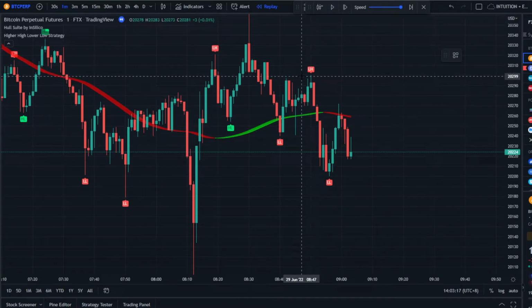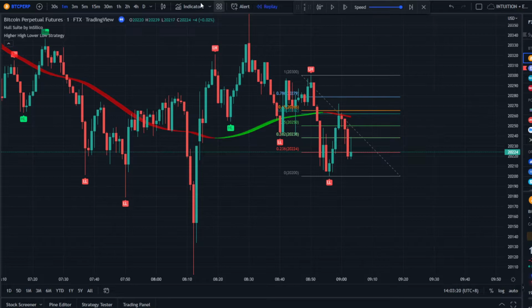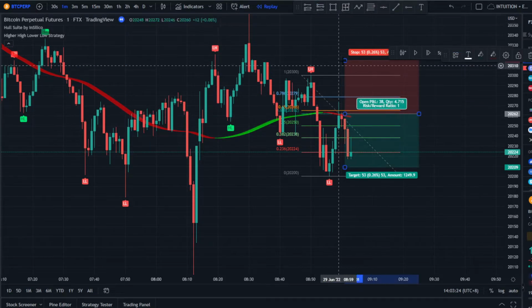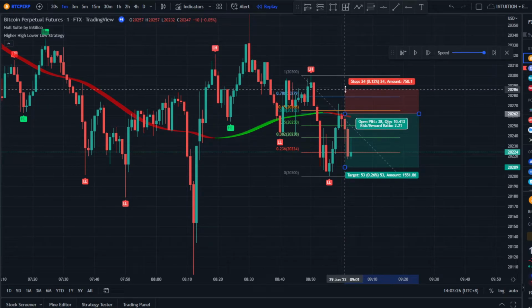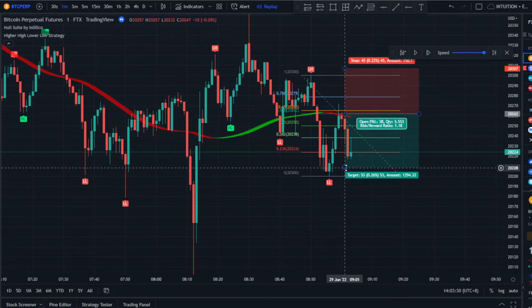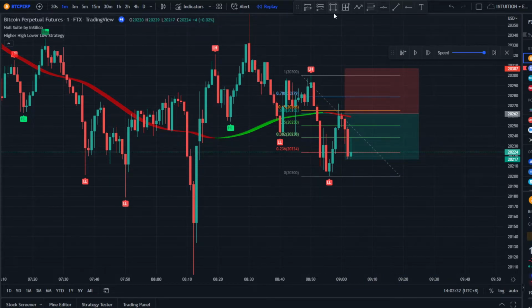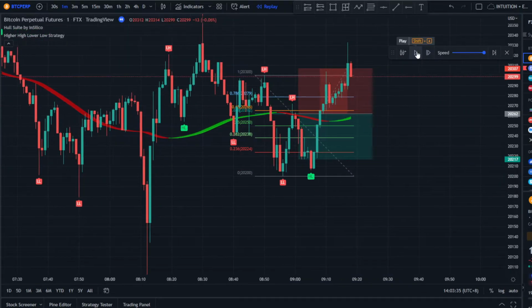So we draw the Fibonacci lines. Stop loss above the swing high and a 1:1. And that would be a win.